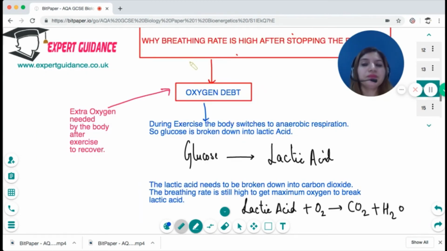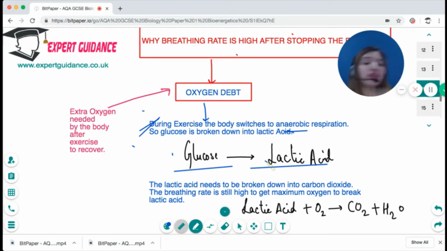Now, have you ever seen that even after you have stopped exercising, your breathing rate is still high? What is the reason for that? During exercise, due to less availability of oxygen, the body switches to anaerobic respiration. If you remember, anaerobic respiration in animals converts glucose into lactic acid.